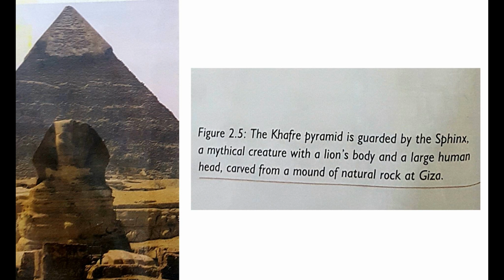Students, a Sphinx is a creature with the body of a lion and the head of a human, with some variations. In ancient Egypt, a lot of times the head was that of a pharaoh or a god.